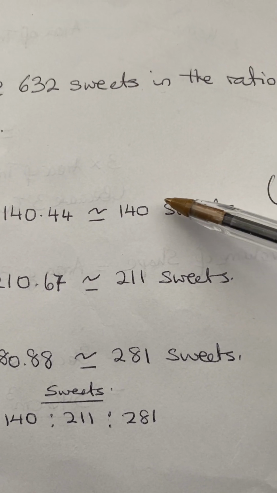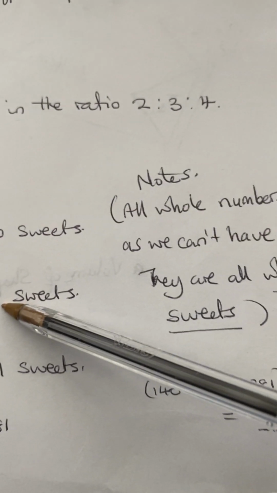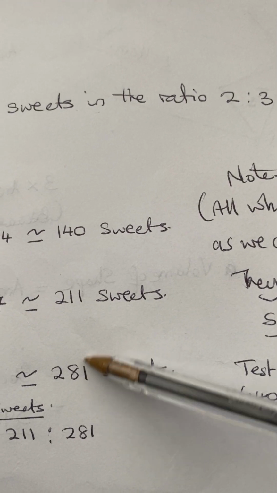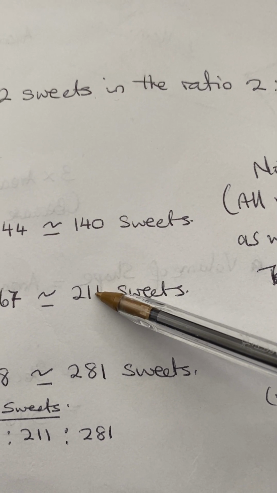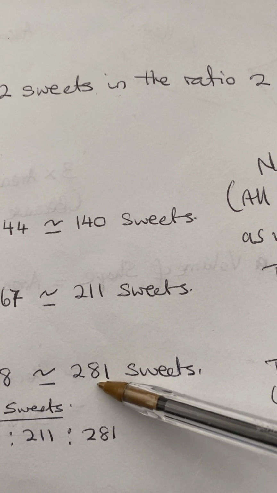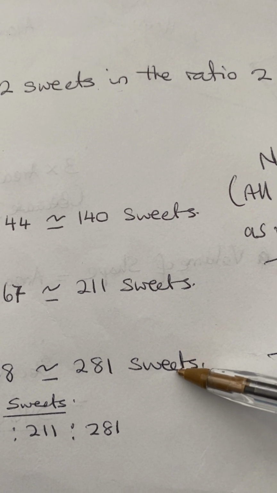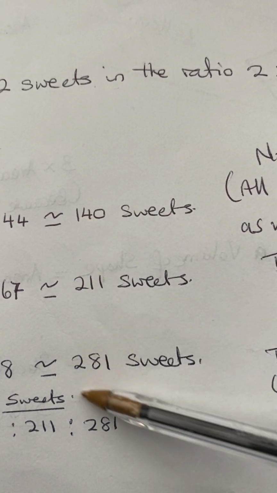So in the ratio of 2 is to 3 is to 4 is 140 sweets to 211 sweets to 281 sweets. You should leave your answer as whole numbers.